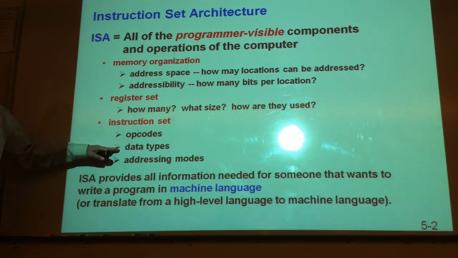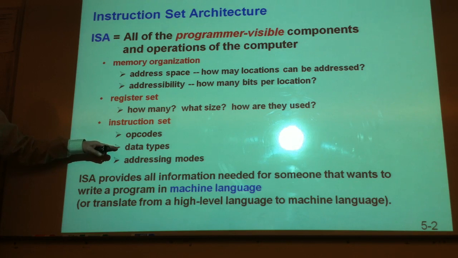The data types. In the LC3, how many data types do we have? One. What is it? Binary. Two's complement integer. That's the only data type this has. Other processors would have other data types.